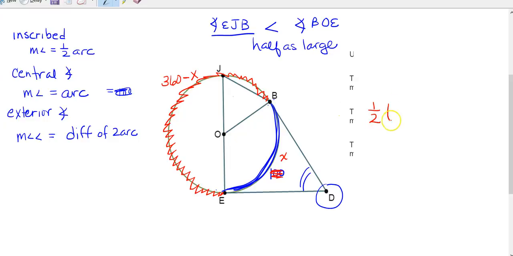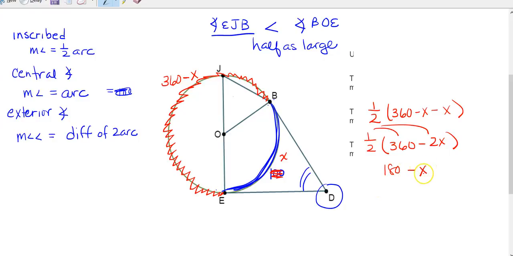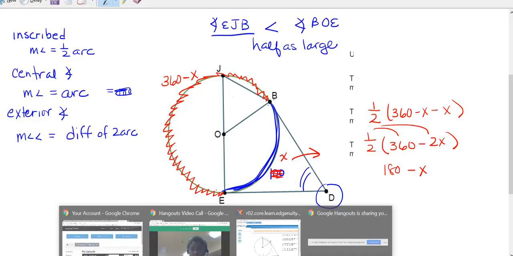So if we take 1/2 of 360 minus x, that's 1/2 of 360 minus 2x, and then if we take half of each of those, we get 180 minus x. That's what the measure of this angle would be. So it's 180 minus x. And you'll be able to watch these again to go through it again if you need to, okay?